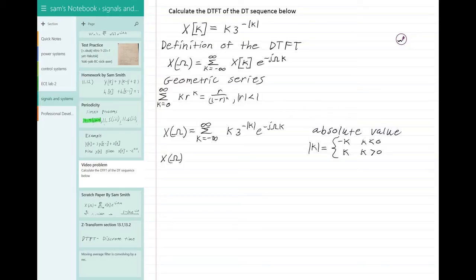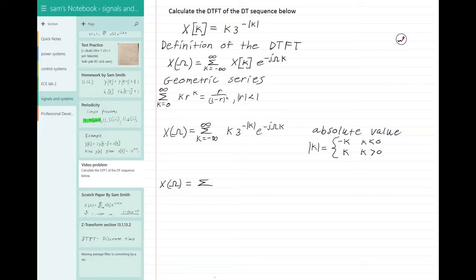And the reason why we have to break our series into two parts is because we have two parts to the absolute value, the negative numbers and the positive numbers. That's the main reason why we are writing two series.